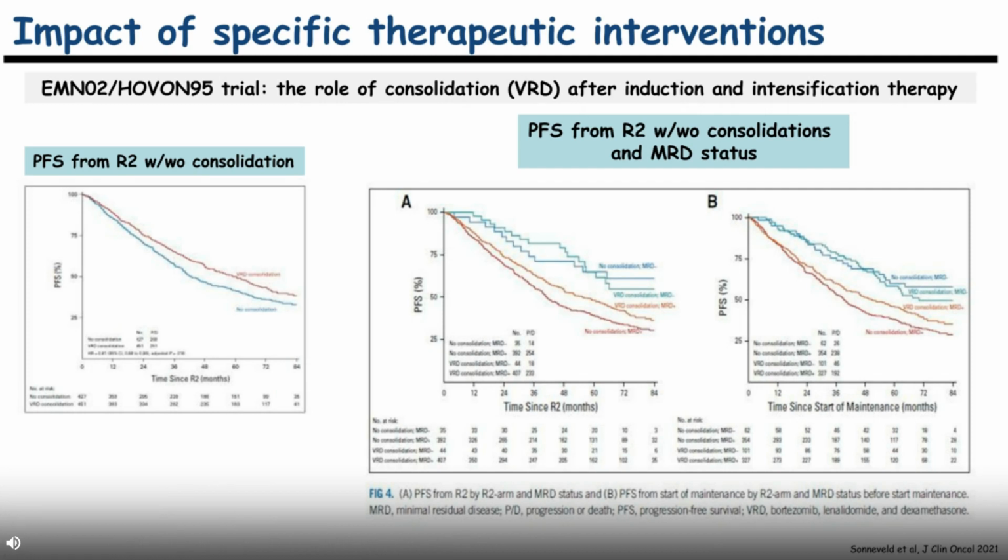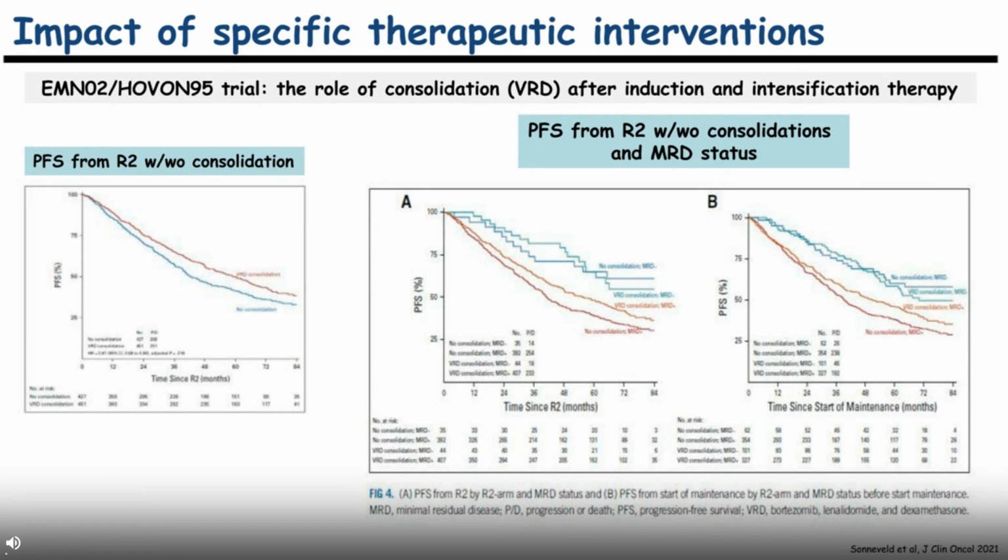We can use MRD information to additionally evaluate the specific impact of any given therapeutic intervention. In this very recent publication from the European Myeloma Network HOVON trial, they aimed to clarify the effect of consolidation after induction and intensification. MRD was only assessed in a subgroup of patients after the second randomization and before the start of maintenance.